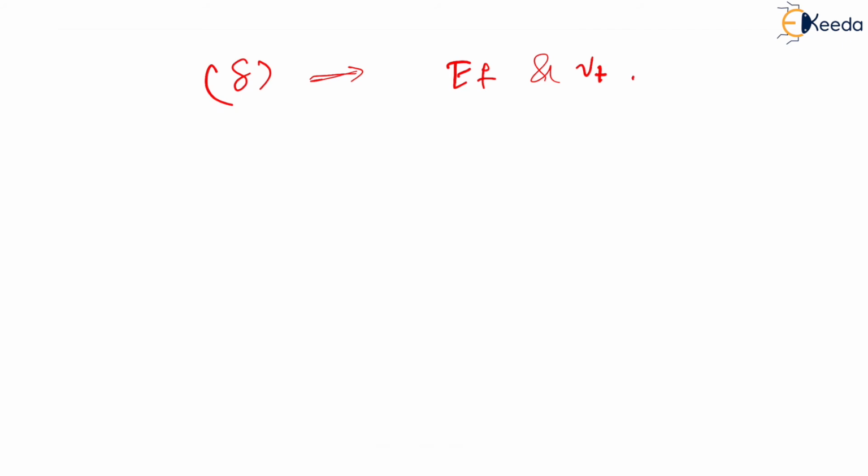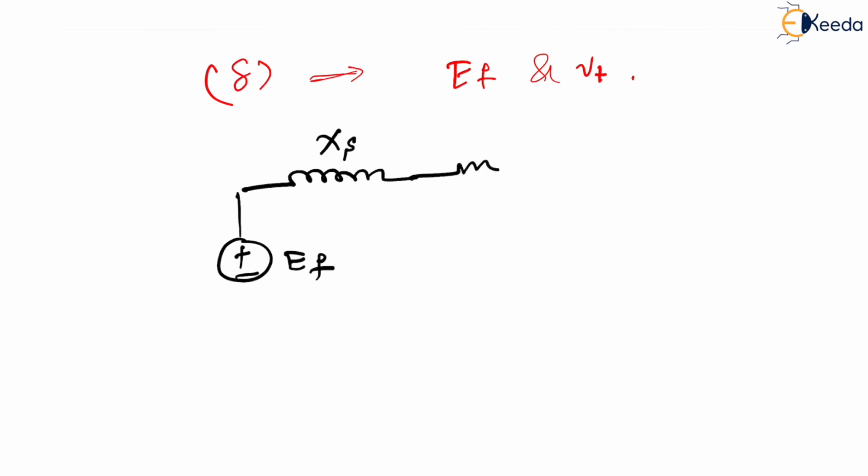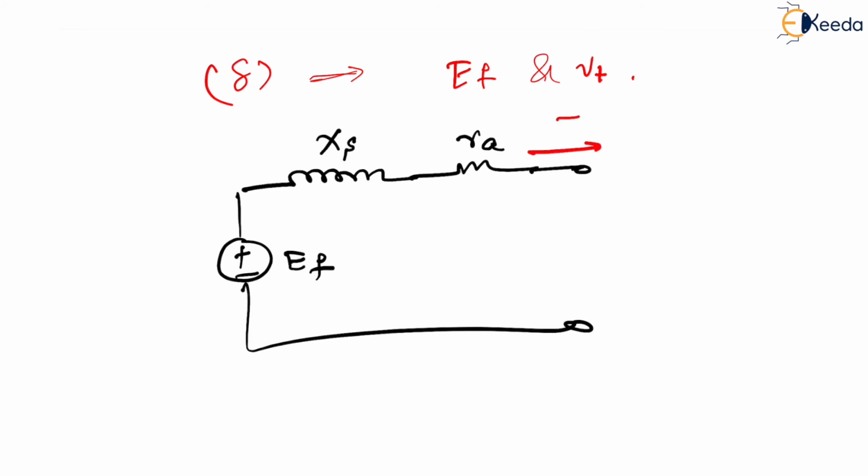Is that correct? Yes. Now let me try to draw it. This is our axis. This is plus minus EF. Correct. This is going to be RA. This was IA. This is plus minus VT. Is that correct? Yes. Now see dear.